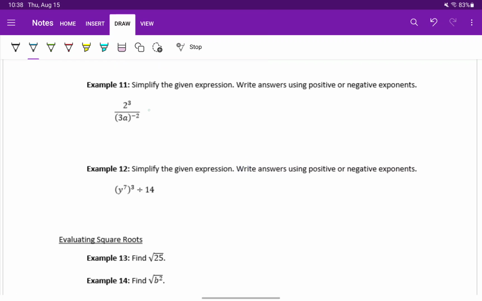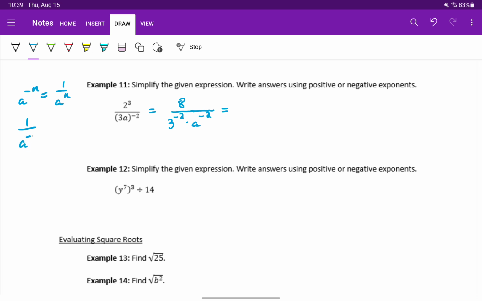In example 11, we have 2 to the third power, or 8, in the numerator. And in the denominator, we can rewrite this as 3 to the negative 2 power times a to the negative 2 power. The first thing we'll do is take care of this 3 to the negative 2. So we already established that if we have a to the negative n, that's the same thing as 1 over a to the n. And sort of the inverse of that works.